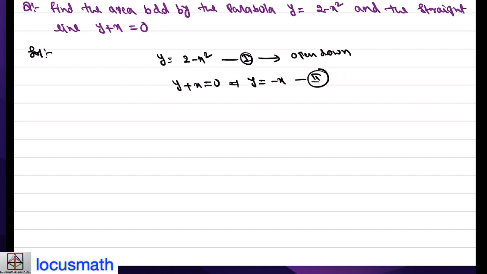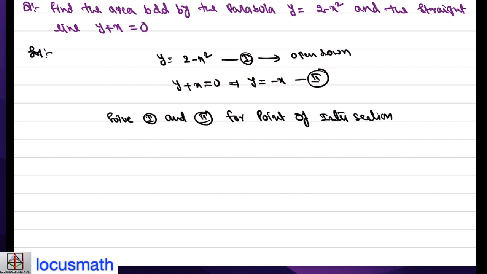So line and parabola. Next we will find the intersection points. Where they intersect we need to calculate. Find the point of intersection. Solve 1 and 2 for the point of intersection. For that, equate 2 minus x square equal to minus x.